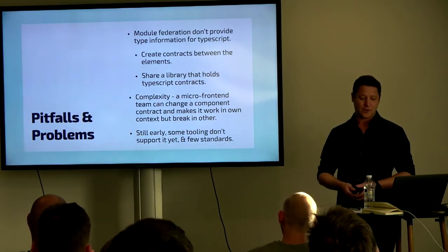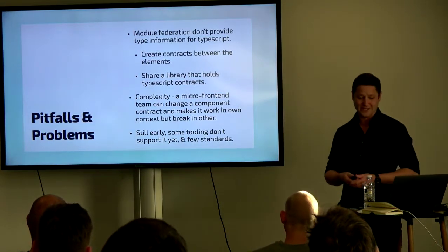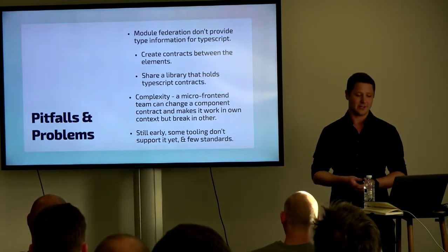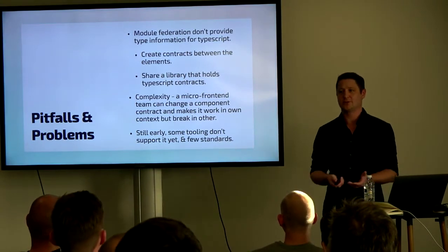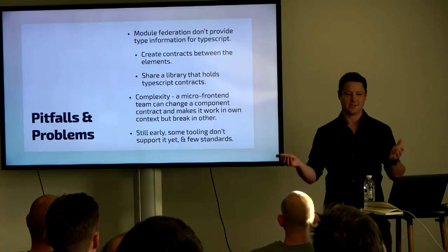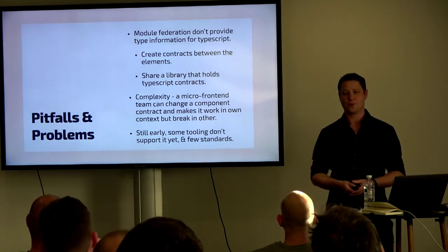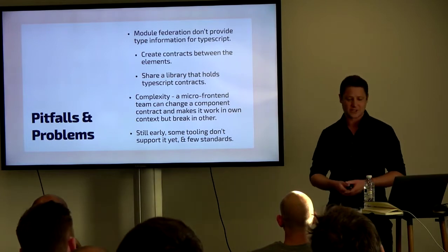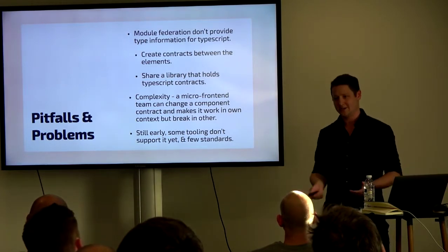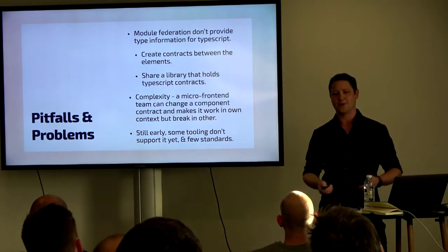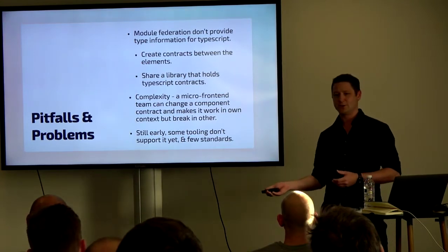As I said before, Module Federation doesn't really deploy any type information for TypeScript, because you won't have it at build time. You'll have the micro frontends available at runtime, so there's no way for it to know about it. One of the solutions is to make a contract between the different micro frontends, whatever they're exposing.